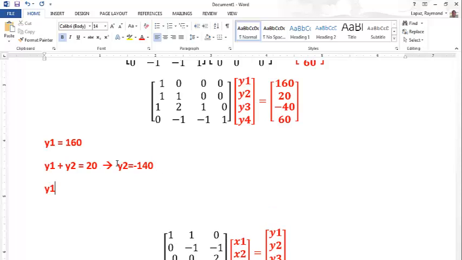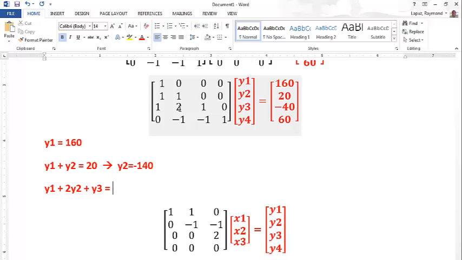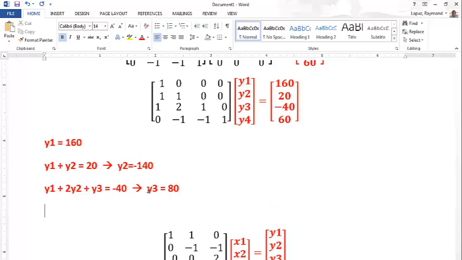We have Y1 plus our element here is a 2, Y2 plus a Y3. And then this is supposed to equal negative 40 according to our B value. So we can go ahead and solve for this, and I think this will turn out to be 80. And then we can also find our Y4.